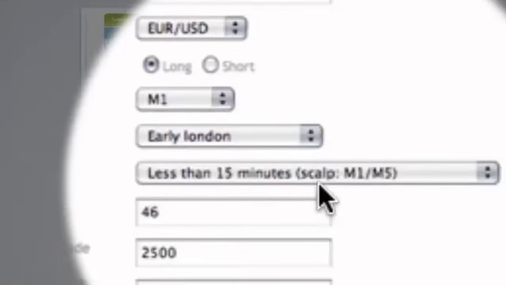Here you will also see about 1 hour, about 3 hours, 8 hours, 1 day, less than a week, more than a week, etc.